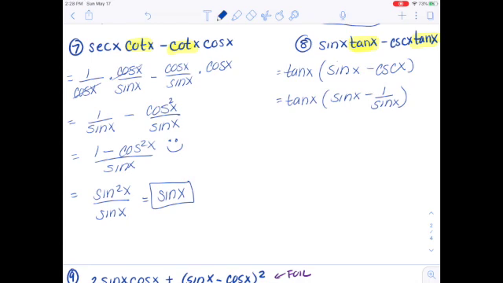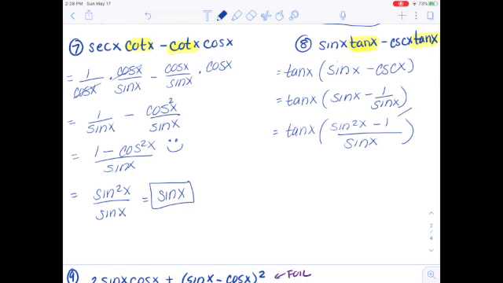And at this point, I'm thinking I want to combine that fraction. So I'm going to combine sine of x minus 1 over sine of x. So that would just be tangent of x times sine squared of x minus 1 over sine of x after I got common denominators.